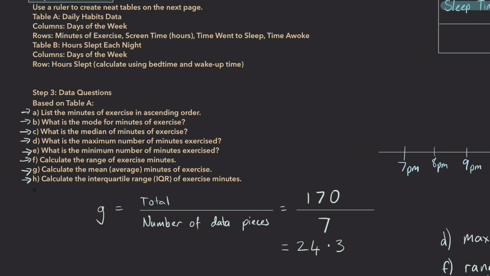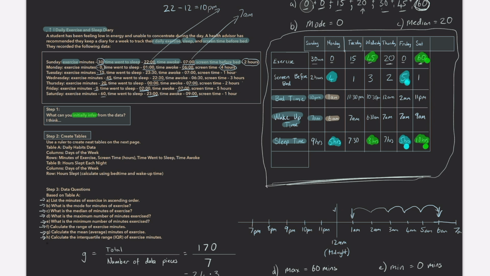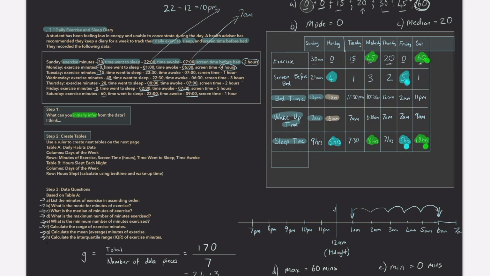All right, so that is how you do a question like this, and this is why a table can be very helpful, because it shows you information in a way that's going to make it easier for you to understand and make inferences.